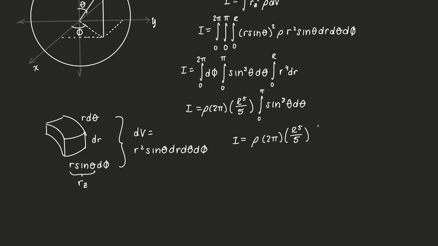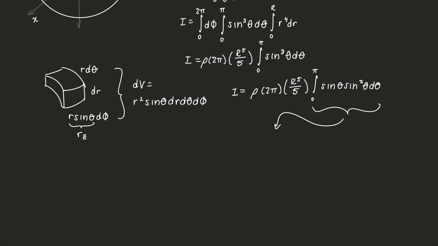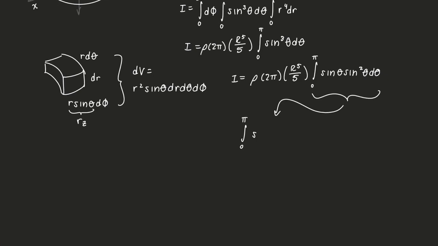And now I'm going to rewrite it as sine theta times sine squared theta. And I'm just going to go ahead and solve this integral right here. We're going to write it as the integral from 0 to pi of sine theta, and now using our trig identities, this will become 1 minus cosine squared theta d theta.